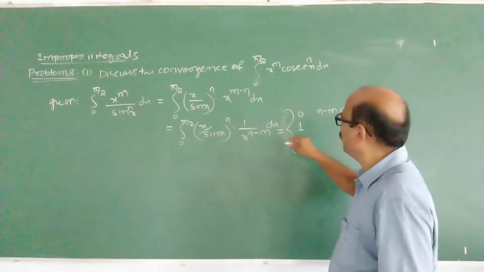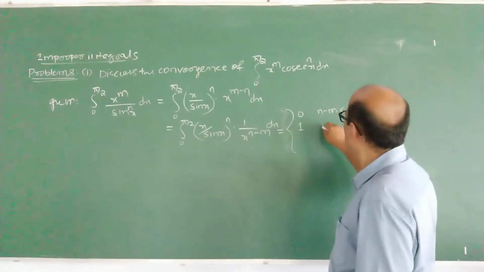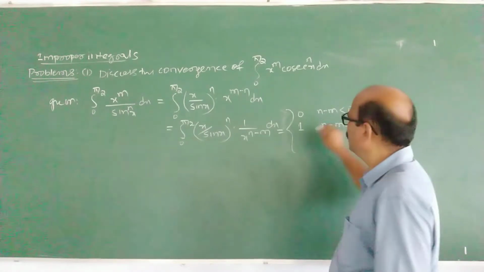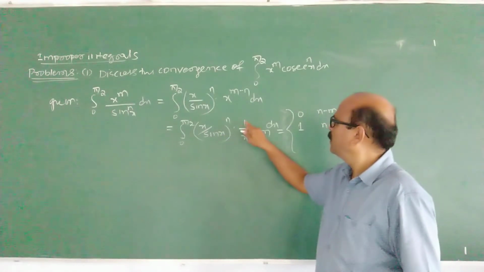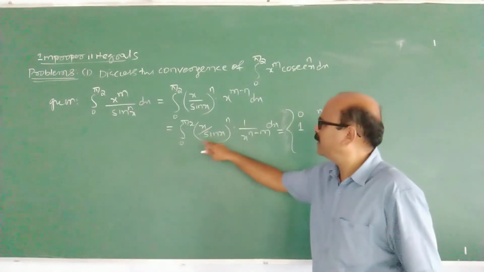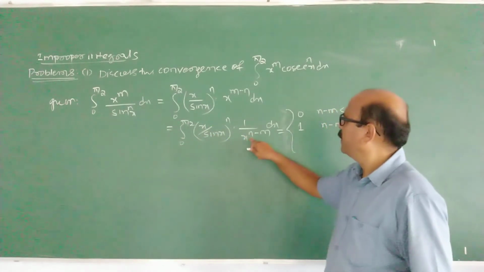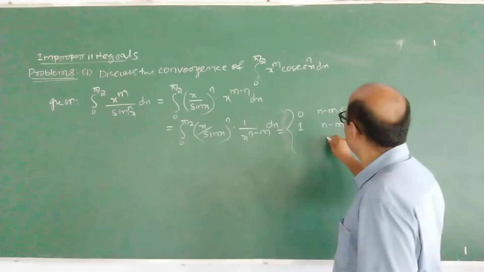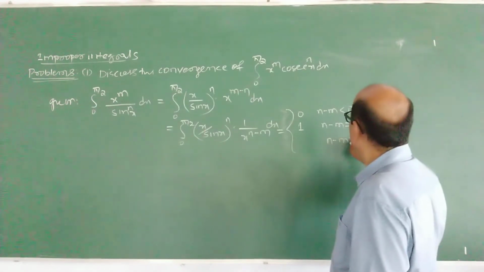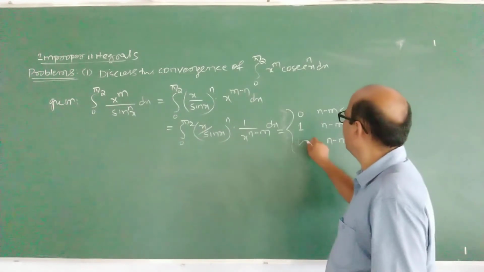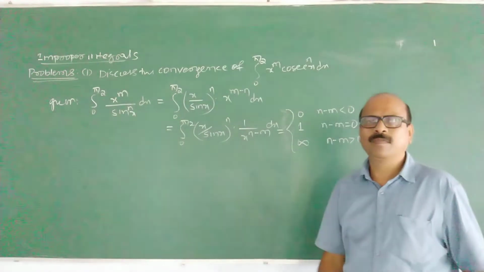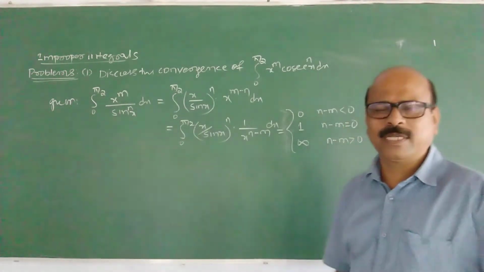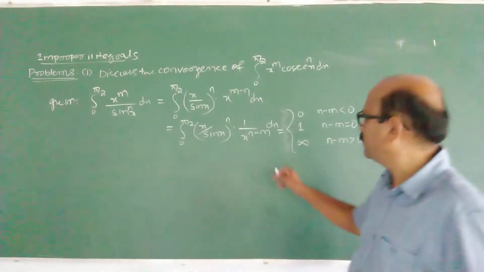And when n minus m is equal to 0, it becomes 1, because x by sin x as x tends to 0 is 1, it goes to numerator. Now the problem is when n minus m is greater than 0, that is the problem. When n minus m is greater than 0, the problem arises.